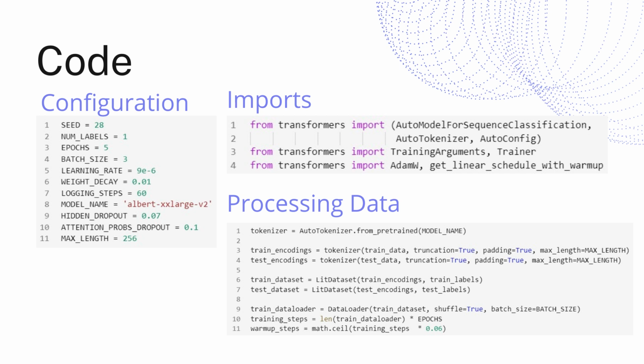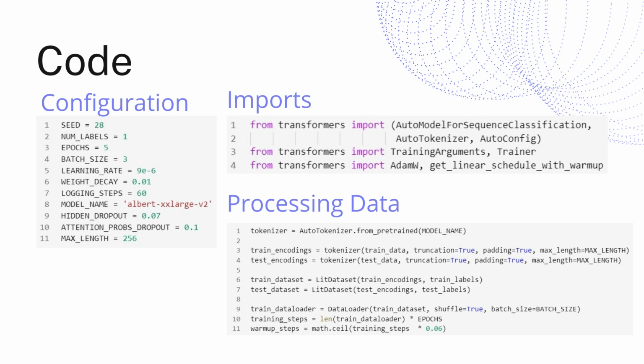We define the training steps to be length of the training data loader times the epochs. So length of train data loader is actually the number of batches. So we multiply it with epochs to get the total number of training steps. Then we have the warm-up steps, which is the ceiling of training steps times 0.06.